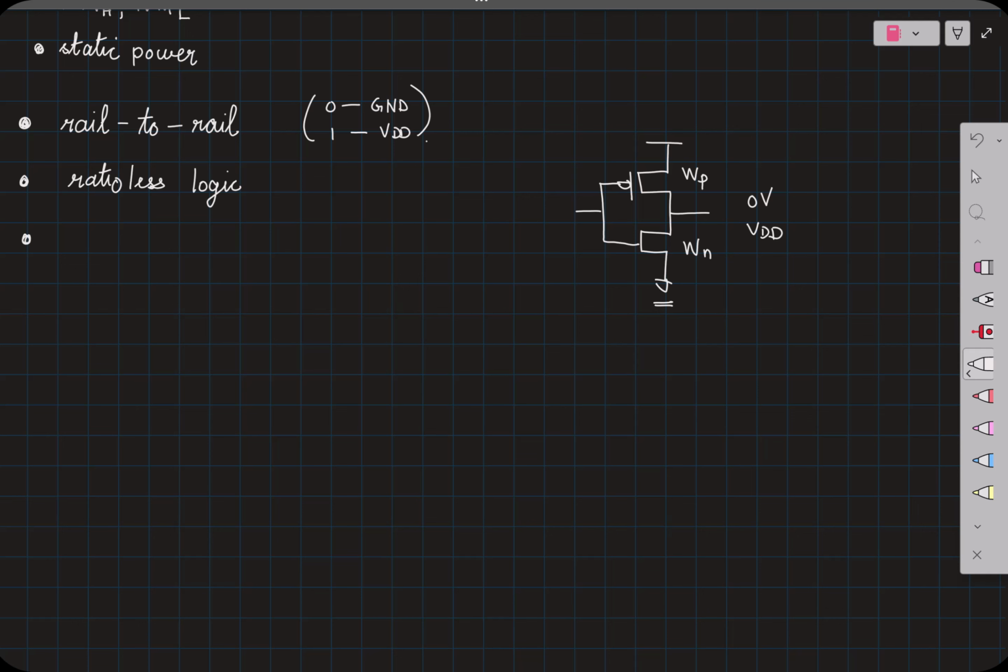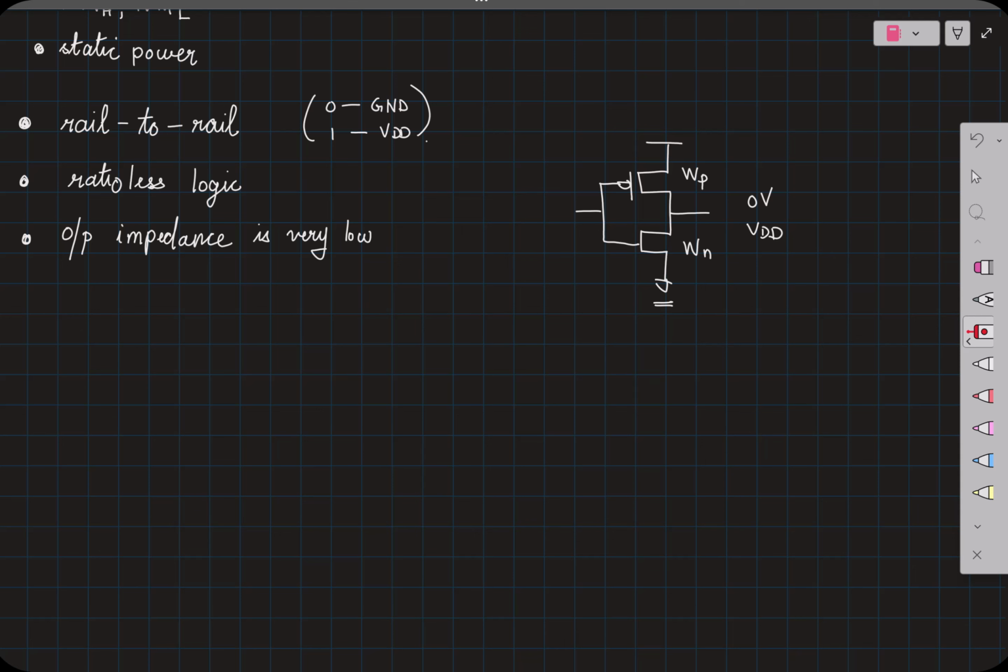Now, another very nice property is that the output impedance of the inverter is very low. What does this mean? At any time, your output node under steady state conditions is either connected to ground or connected to VDD through a transistor which is in linear region, right?